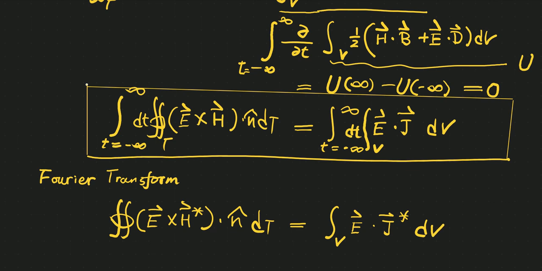The time integral can be deleted, so the formula looks simple. However, here we need conjugations, complex conjugations. We got this formula.